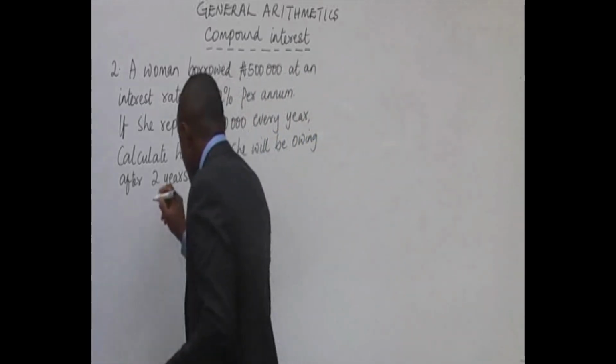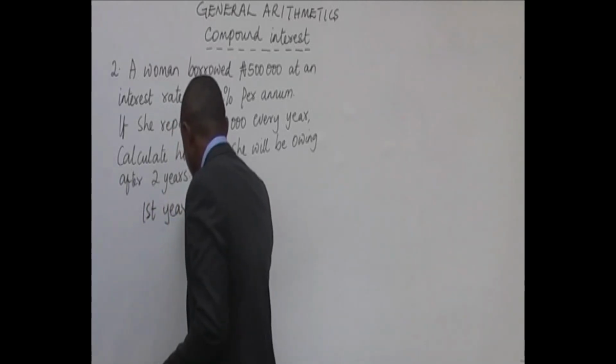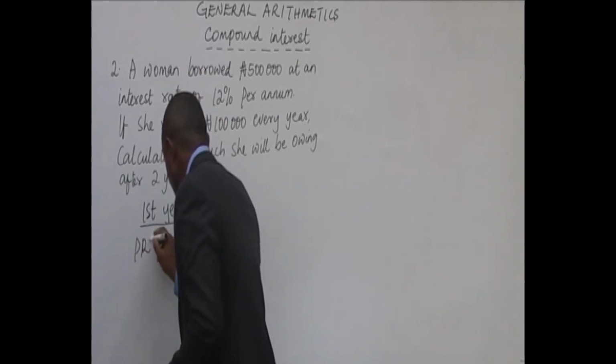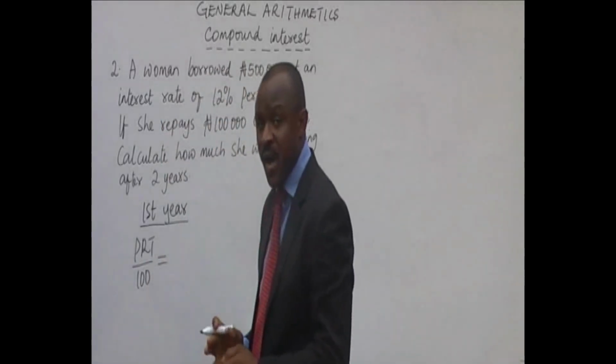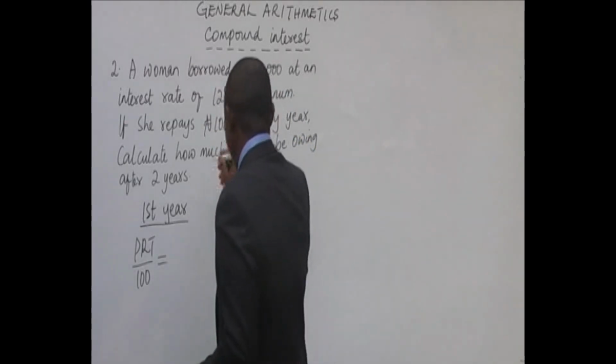First year, PRT all over 100 will give us the interest that will accrue after 1 year. Our principal there is 500,000.